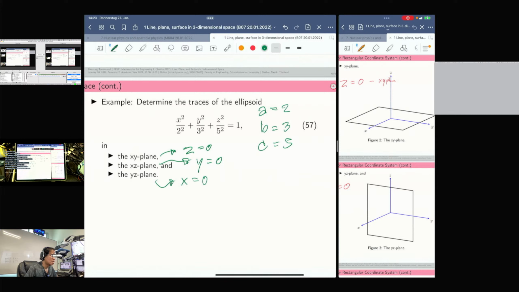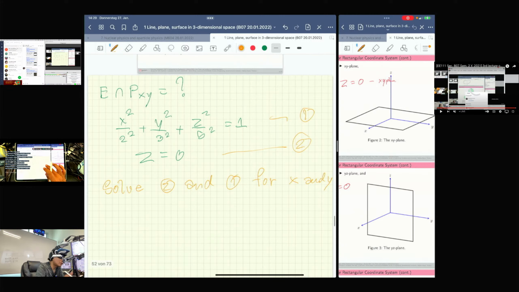We solve equations 1 and 2 for x and y, and we're gonna see what happens. The thing we should note is the following result.